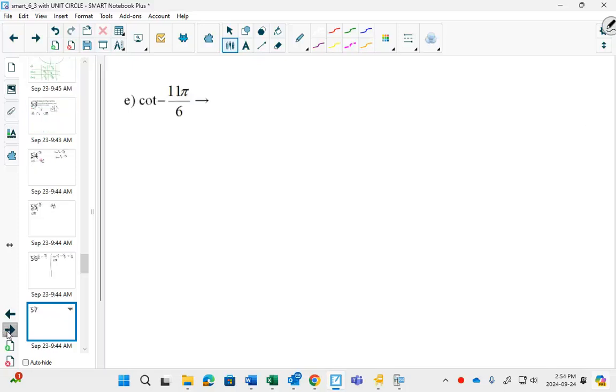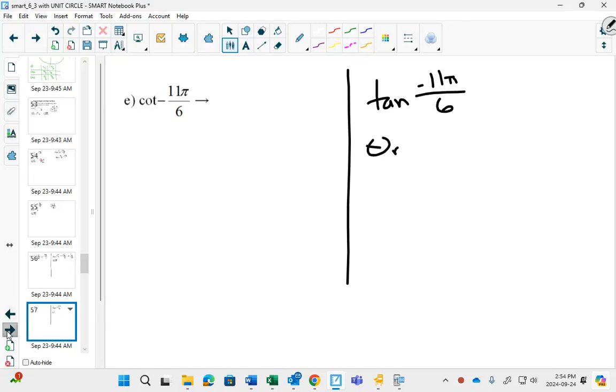So cotangent of negative 11 pi over 6. I would think about tangent of negative 11 pi over 6. Obviously, it's part of your pi over 6 family. I already know it's root 3 over 3. You like that 6? 2 3s add up. What quadrant is it in? It's going to be in quadrant 1.